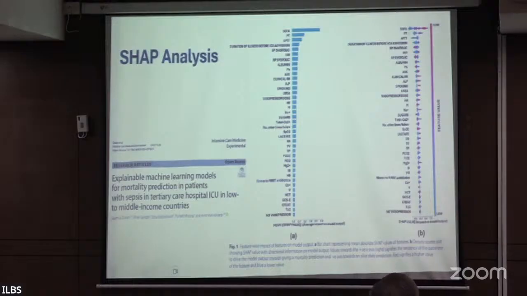On the left-hand side, the negative portion of the x-axis, the blue values are falling. In this way for PT, we can interpret that the more reddish values are on the positive side. So higher PT was more associated with the mortality group, and lower PT was associated with the survived group.